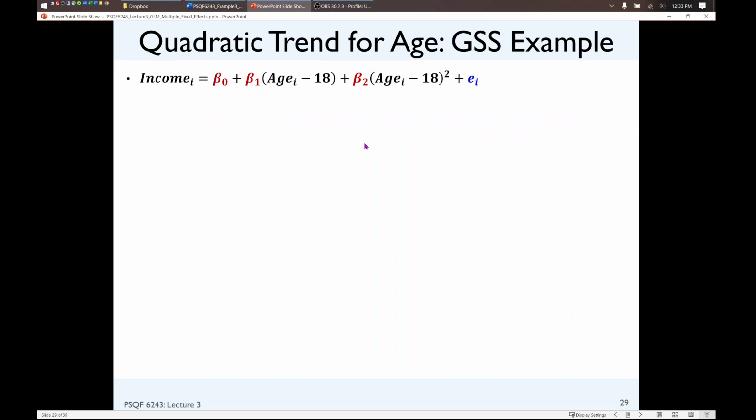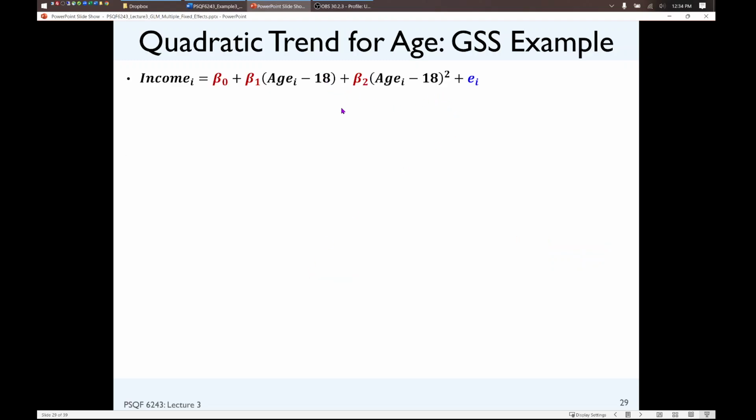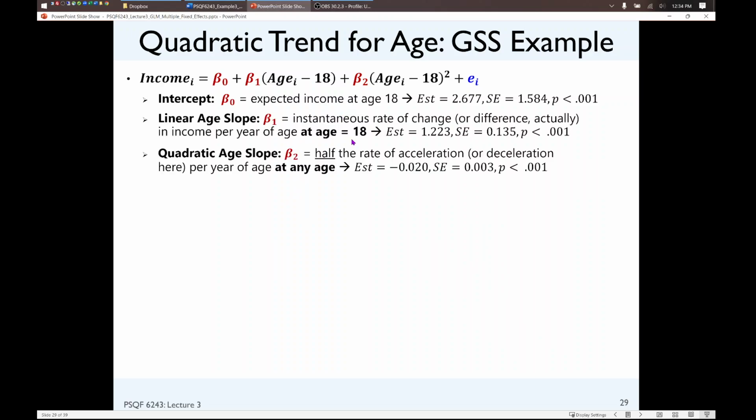So if we go back to the picture for a second, it's the slope of the line right here specifically. If you picture a stick being drawn through the point at 18, that stick is going to change directions. It's oriented up, it eventually is flat, and then it starts to be oriented down. So the linear slope is specifically at x equals 0, which is 18, given the way that we've centered this predictor variable.